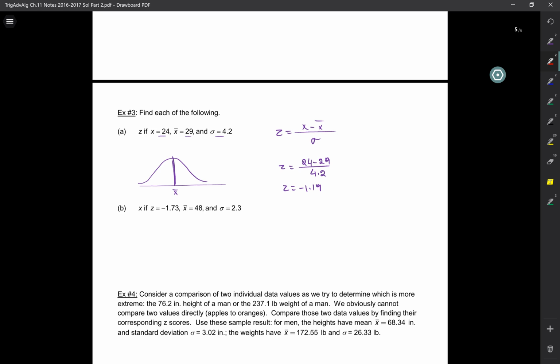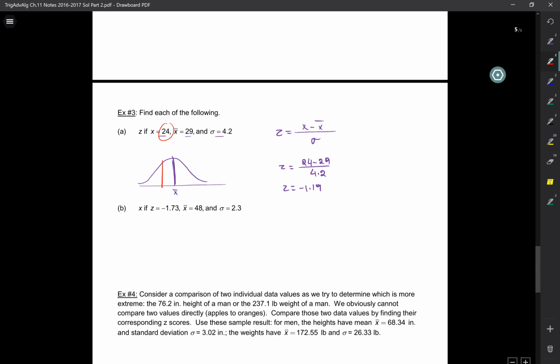You don't have to draw it for this particular problem, but I'm trying to explain what this means. So if this is one standard deviation, does the score of 24 fall to the left or the right of that red line? It's one of them.